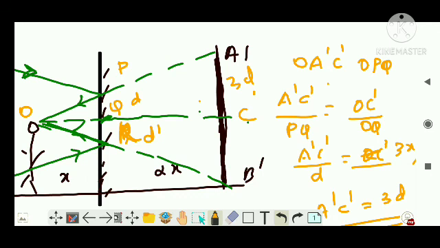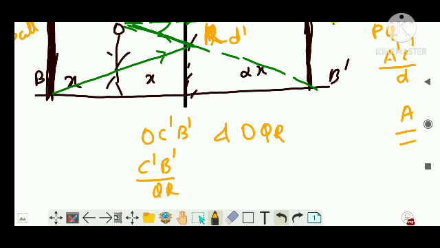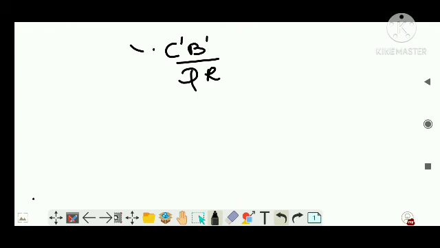Now let us take the below triangles, OC dash B dash and OQR. C dash B dash by QR is equal to OC dash by OQ, which is equal to 3x by x.